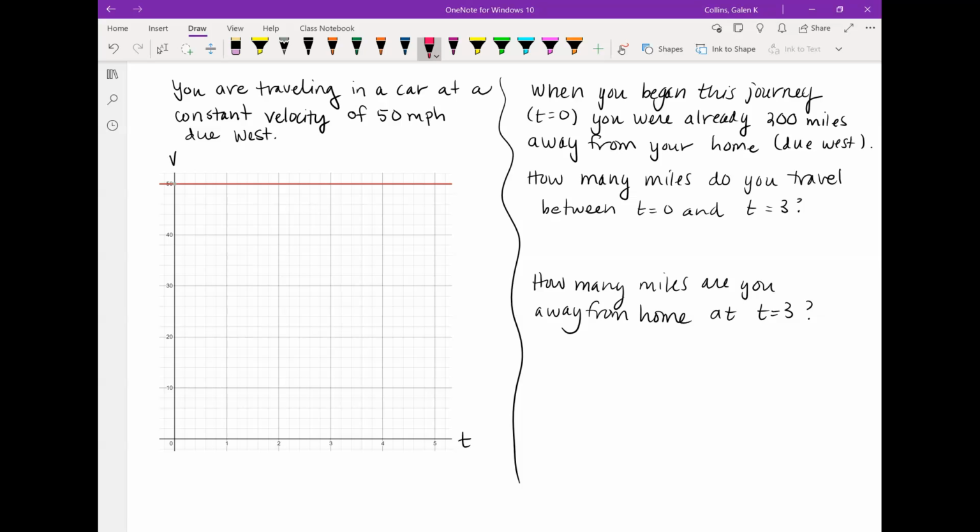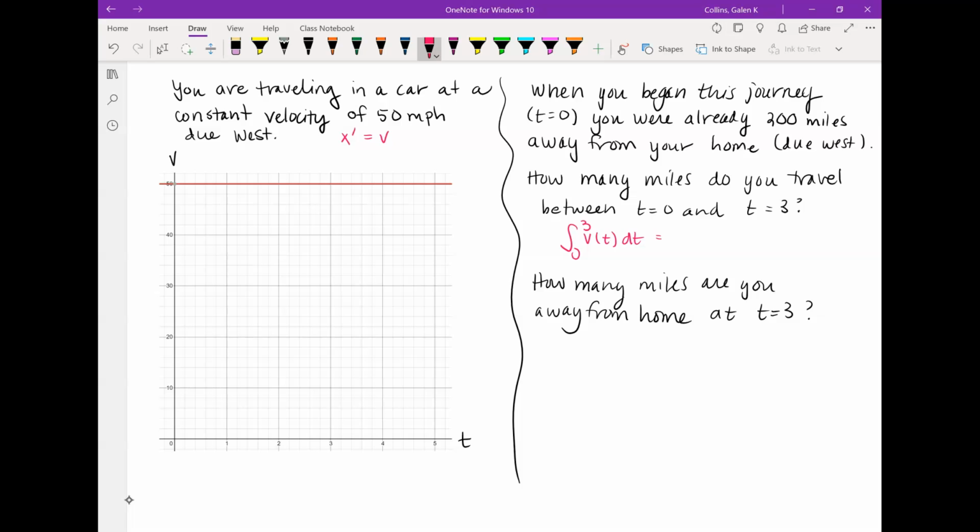If we want to find our change in position, we would need to integrate our velocity between 0 and 3. So that's really what that first question is asking us to do. And don't forget that the derivative of position, if I use x for position, is velocity, and we know the derivative of velocity is acceleration.